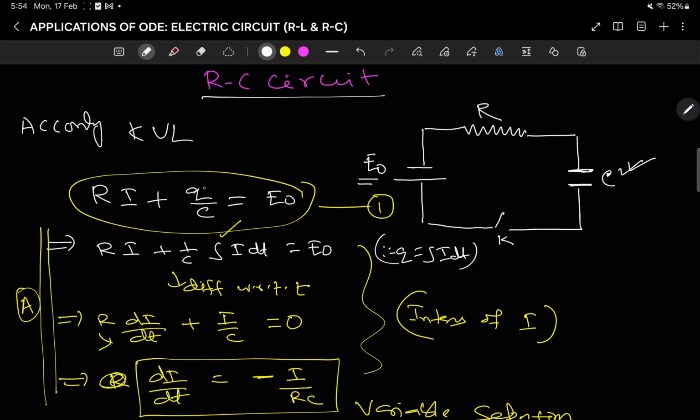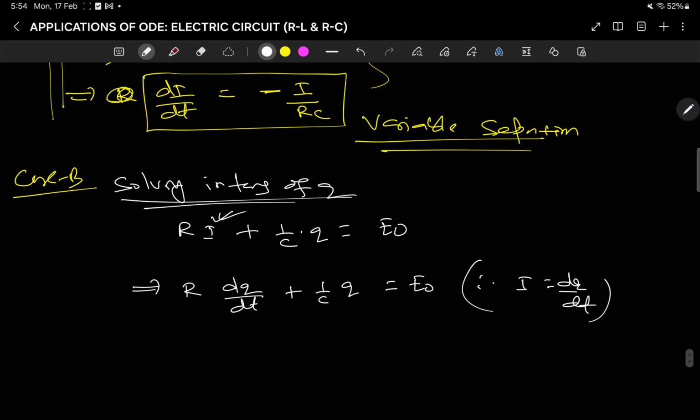We have used this. Now divide by R, so dq by dt plus 1 by RC Q is E0 by R.